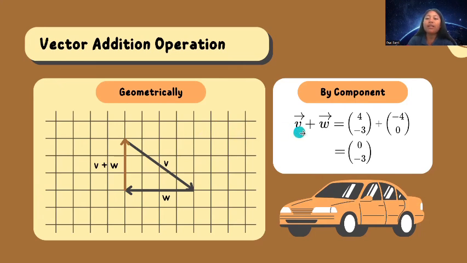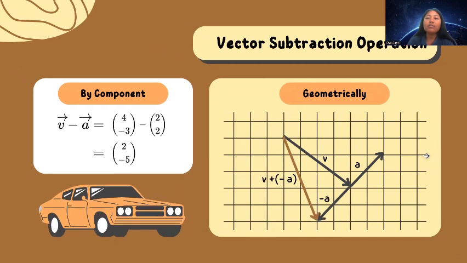And the example: vector P plus vector Y equals (-4, -3) plus (-4, 0), which equals (-8, -3). Next is vector subtraction.